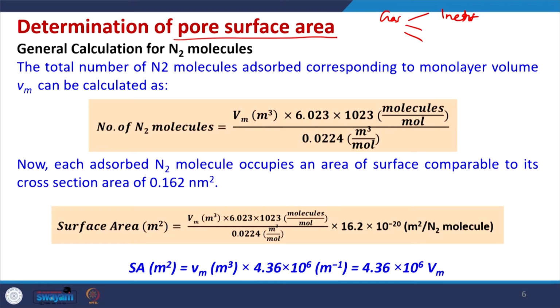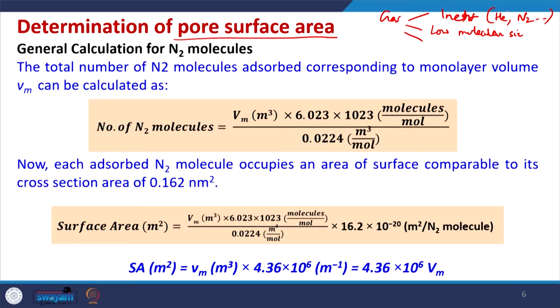So, inert gases can be used, such as helium, nitrogen and others. It should also have the lowest possible molecular size. So, lower molecular size is preferred, and then we can determine the surface area more accurately.